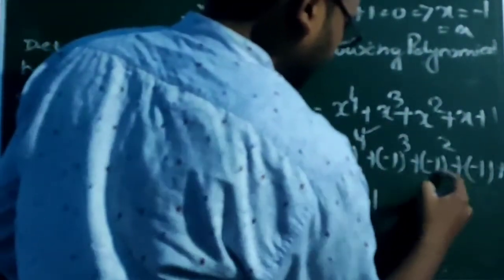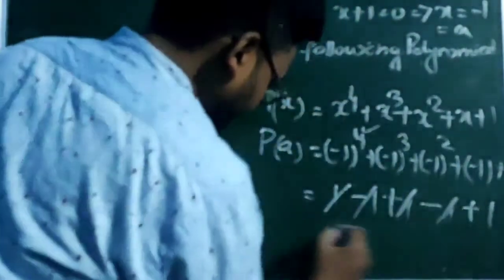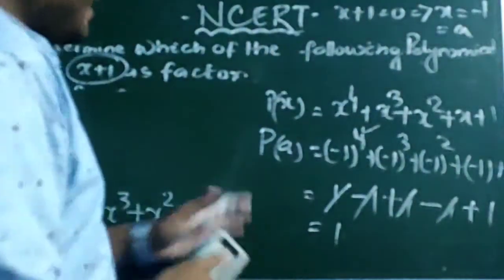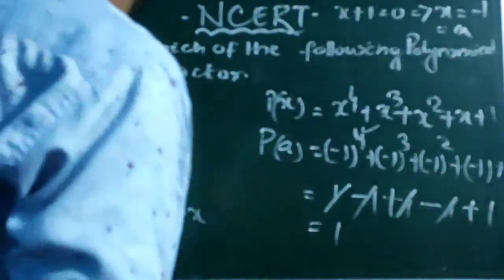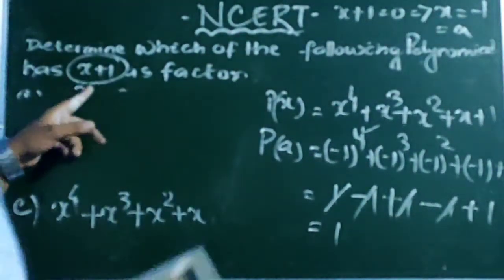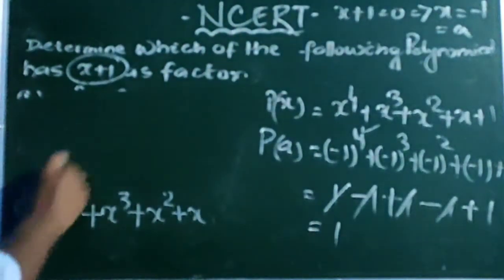Minus 1 to the power 4 is an even number, so 1; this is an odd number, so minus 1; this is even, so plus 1; then minus 1 and plus 1. Here 1 minus 1 cancels out, 1 minus 1 cancels out, and the remainder is 1. As there is a remainder, we can say x plus 1 is not a factor of this one.